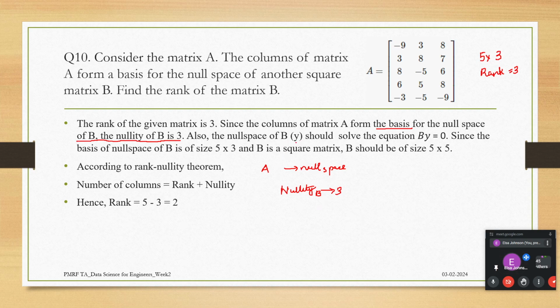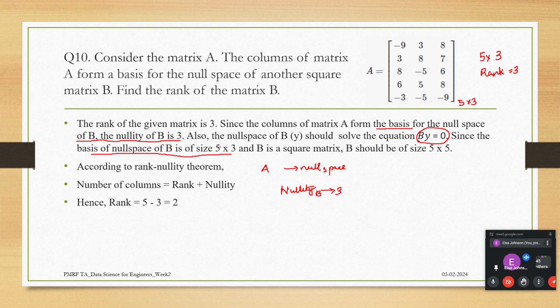Usually, if y is in the null space of B, it should solve the equation By equal to 0. Now, we have said that the basis of the null space of B is formed from the columns of A. That means the columns of A have size 5 cross 3, so the null space of B will also have size 5 cross 3.